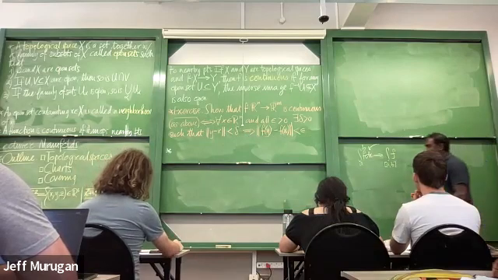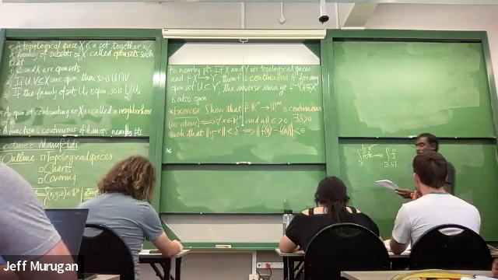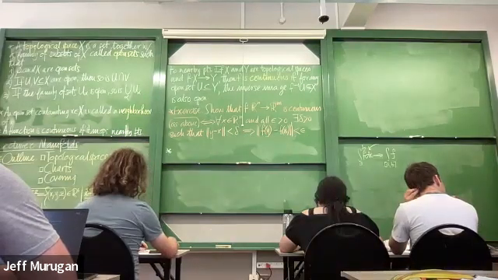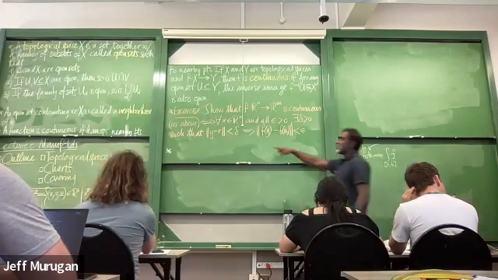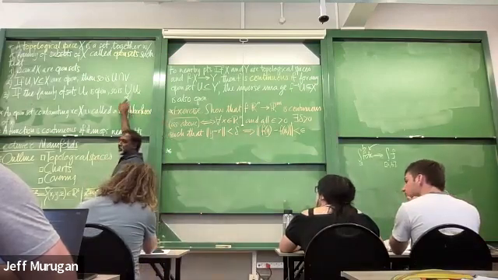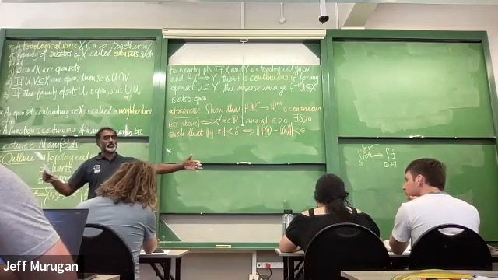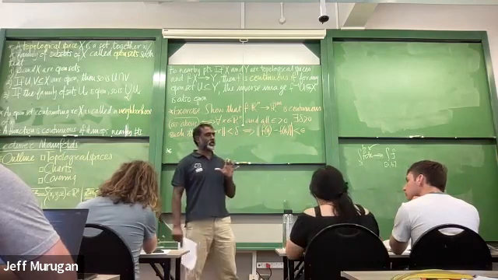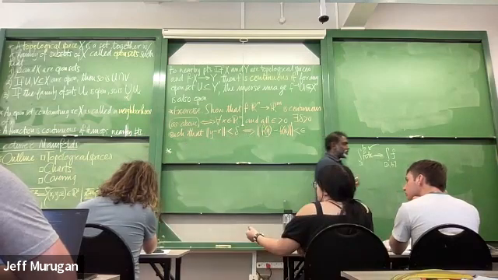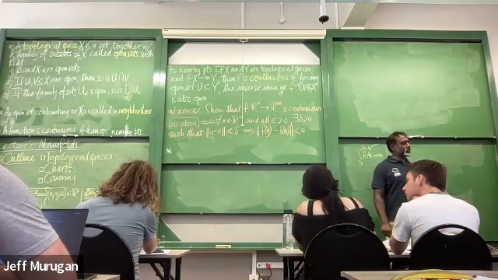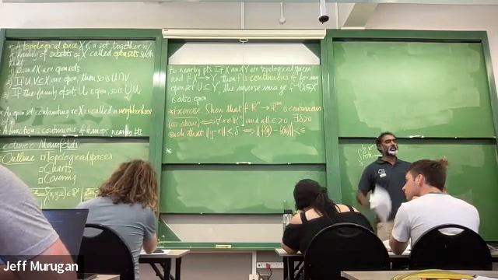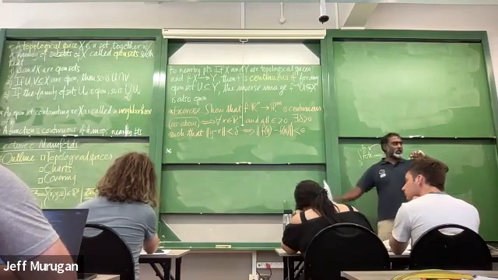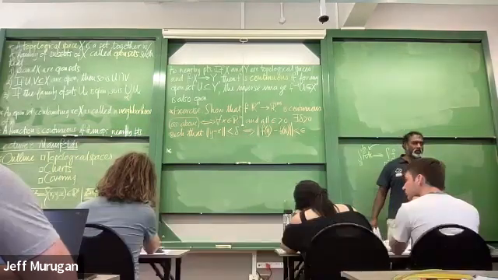Such a collection of open sets is called a cover of the topological space, and their union is all of X. Basically I have some space, I can cover it locally with patches, and locally all these patches look like R to the n. I have to tell you about how we glue these patches together, but the union of all those patches is the full space. And the key point is that as long as I'm working locally within any patch, I can pretend I'm working on R to the n.